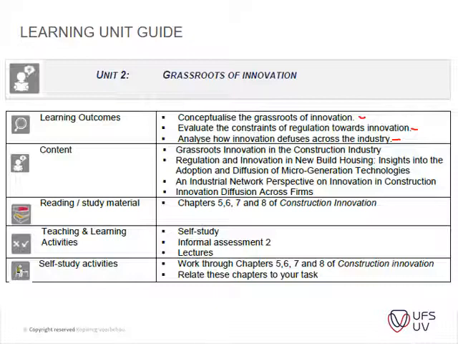So this is mainly comprised of chapters 5, 6, 7, and 8 of our Construction Innovation book. Okay, so the content is basically grassroots innovation in construction, regulations in new build housing, insights into the adoption and diffusion of microgeneration technology.